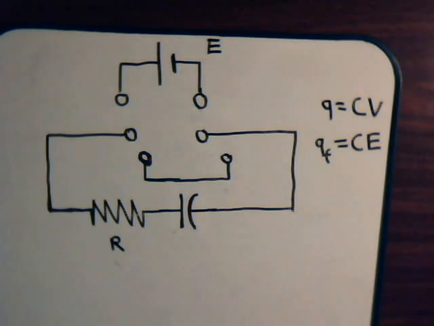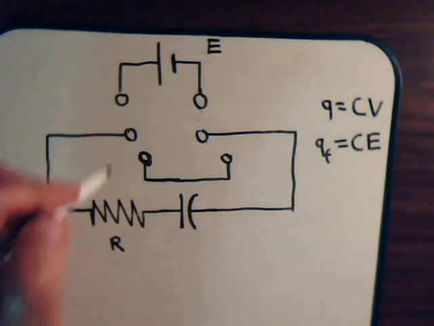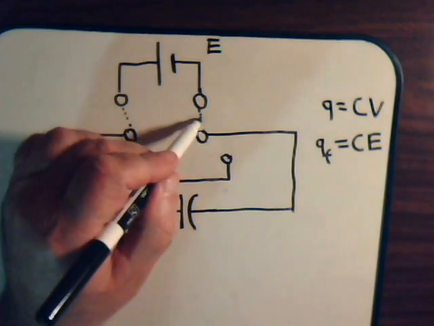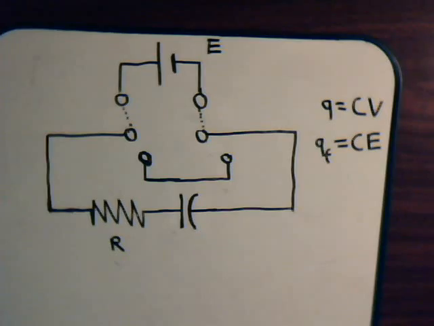In the last video, we had talked about charge accumulation on a capacitor, and we had derived an equation for it. Basically what happens is that if we have just a simple capacitor, resistor, battery circuit in series, when we first make the connection, there's a current that flows through here.